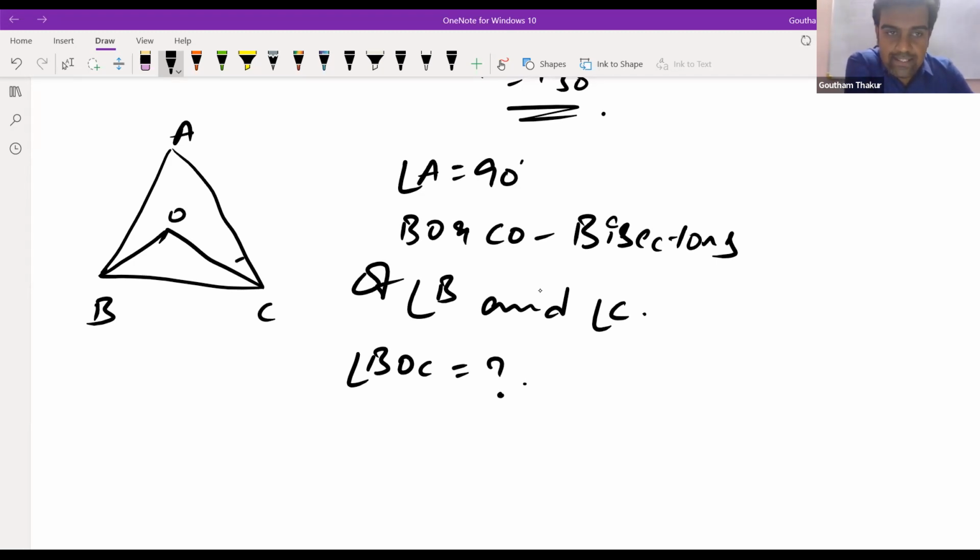It's slightly tough. Try solving it. If not, I'll explain the concept behind it. Anyone? Angle BOC will be how much, if angle A is 90 degrees?